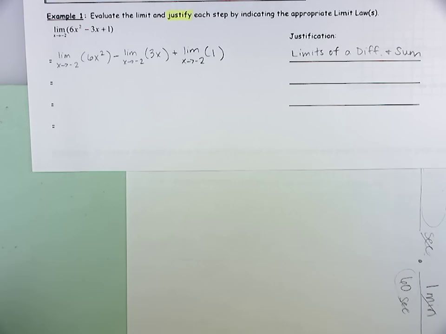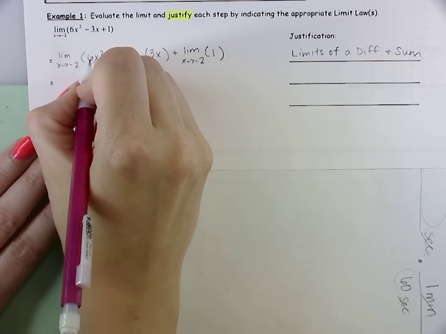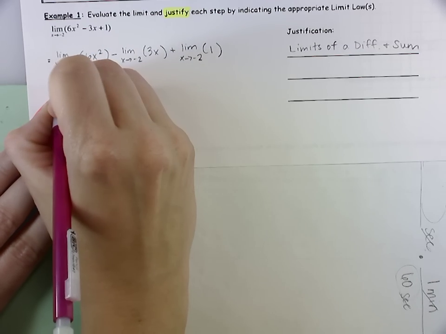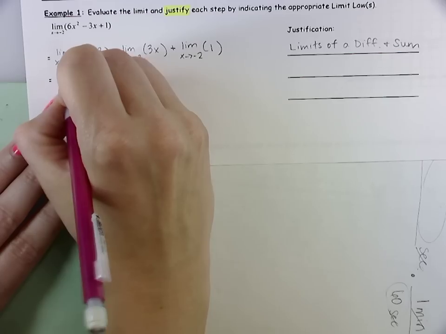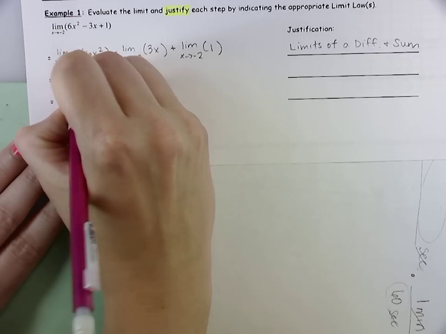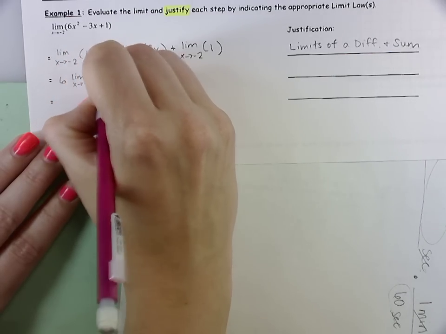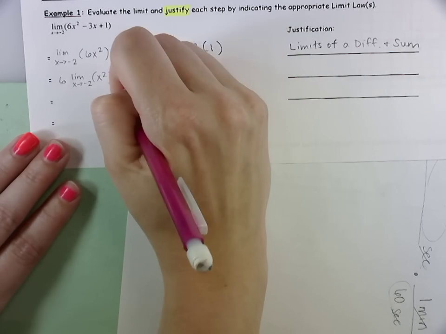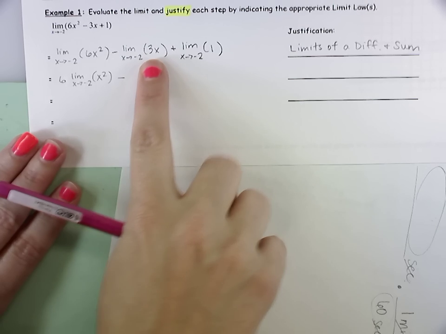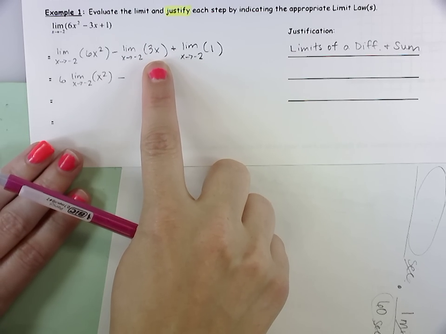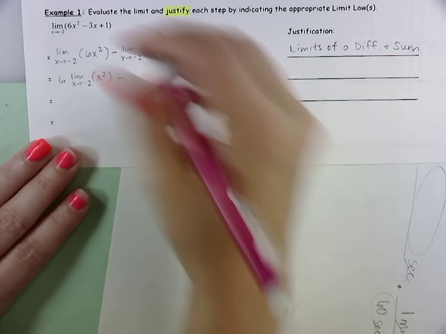Okay, so for the next one, let's look at our law. So our law says that you can put c, the constant multiple, on the outside, and then still take the limit as x approaches negative 2 of x squared minus, do I have a constant multiple here with 3 and x? Yes. Okay, so then the 3 is going to go on the outside.